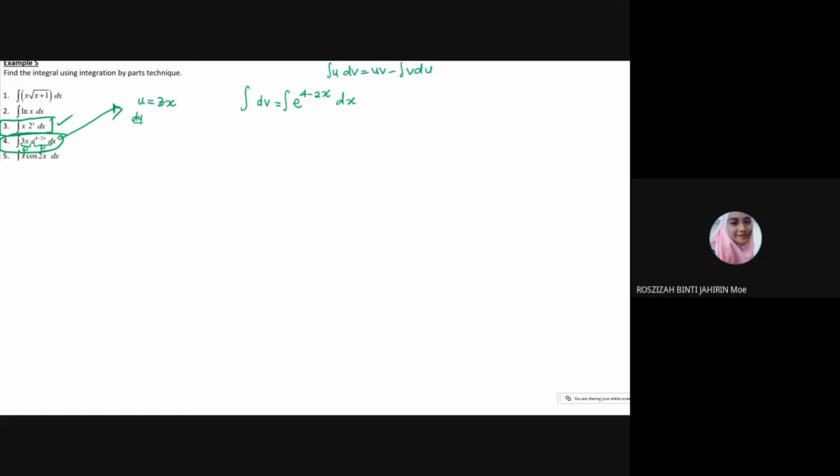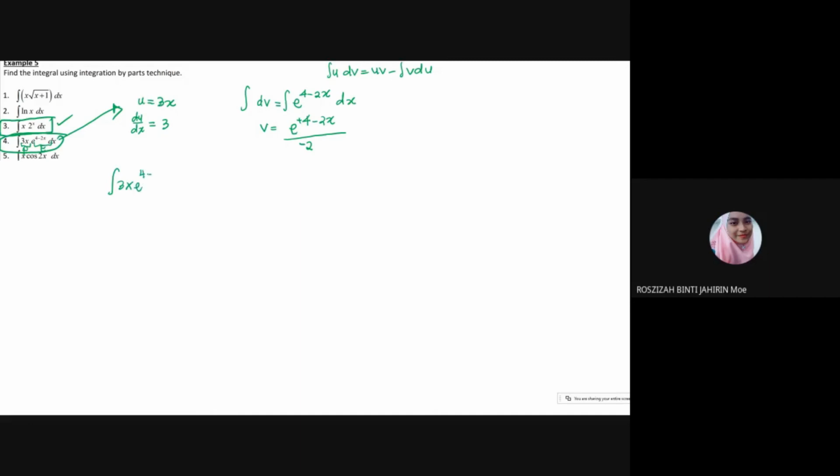v equals, reverse it, e to the 4 minus 2x over negative 2. Okay, substitute into the formula.